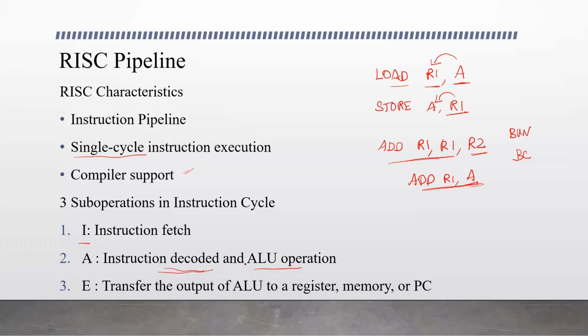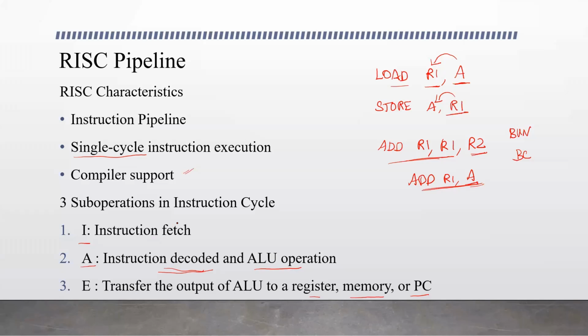Instruction decode and ALU operation are combined into one sub-operation, denoted as A. And the third sub-operation is execution, which transfers the output of the ALU to a register, or to memory, or PC.